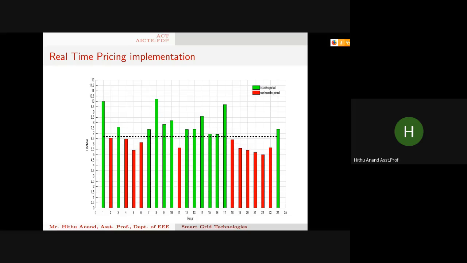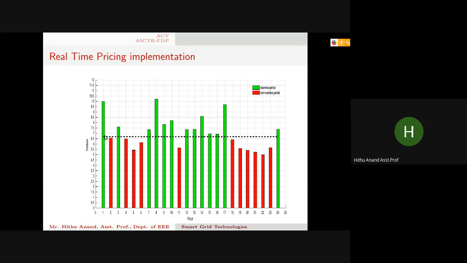So if you have more renewable energy sources, by virtue of renewable generation, we have more, that is, this is actually crossing the index. So that is taken as advantage.